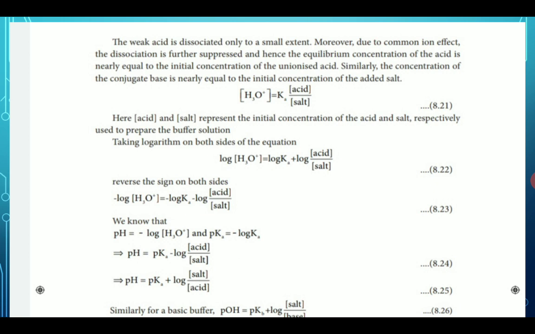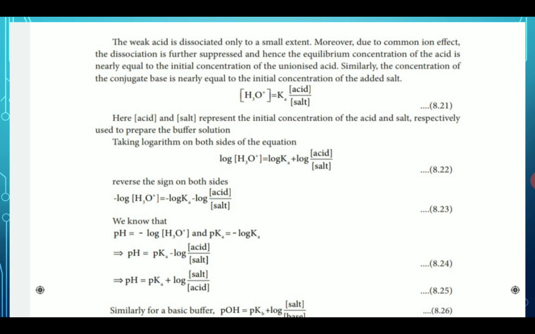Here, we know that when minus log is there, we can change it into p. Therefore, pH is equal to minus log hydronium ion concentration, pKa is equal to minus log Ka. Therefore, the equation becomes pH is equal to pKa minus log acid by salt concentration. Changing the numerator and denominator, we can change the sign also. So minus becomes plus.